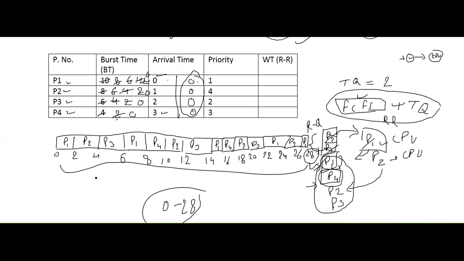So be careful. Now here we had the twist that P1, P2, P3, but after P3, instead of P4, P1 got chance for execution, and that is purely because of the first come first serve method.